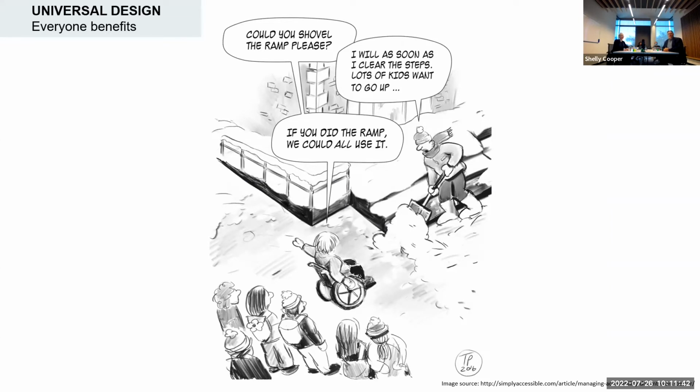So what the cartoon is depicting is that we have one student who needs to get into school who has to use the ramp, and when asked, can you please shovel the ramp, the person who's shoveling states that they are going to shovel the stairs first for the rest of the children to get in, and the child comes back and says, but we can all use the ramp.